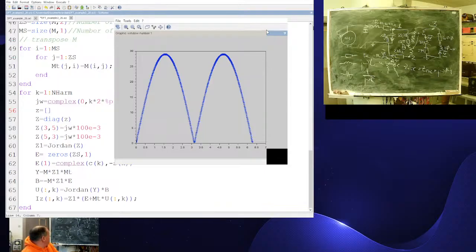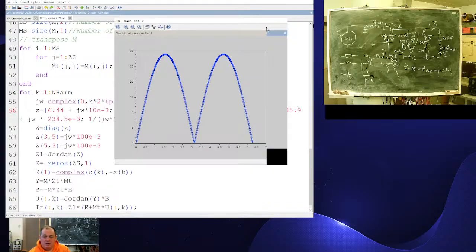Let's see what we have at first branch. Second. Maybe I will not destroy it instantly. Look what I have. First branch is okay. 10 millihenries, same coil.